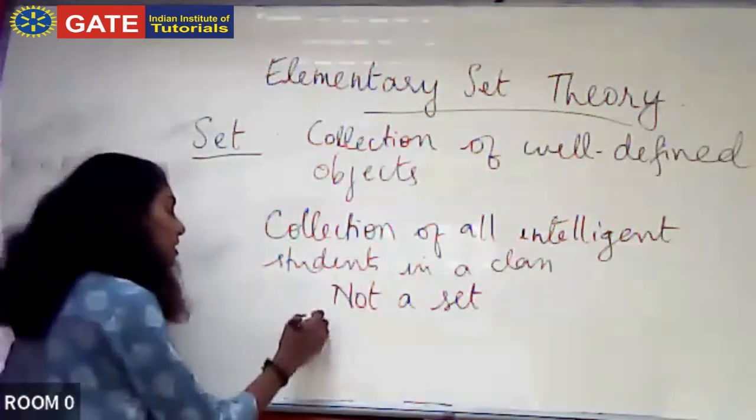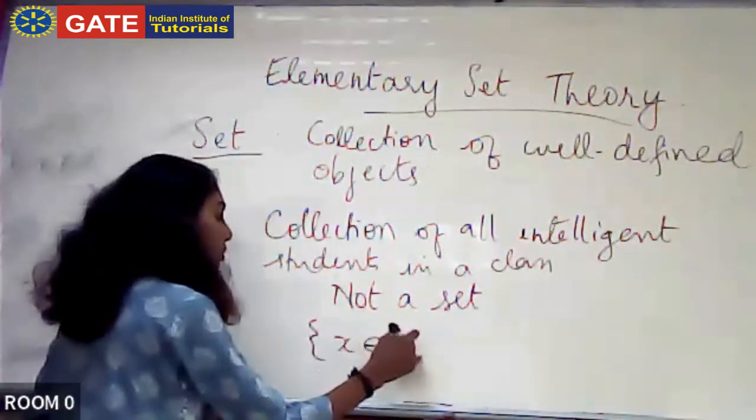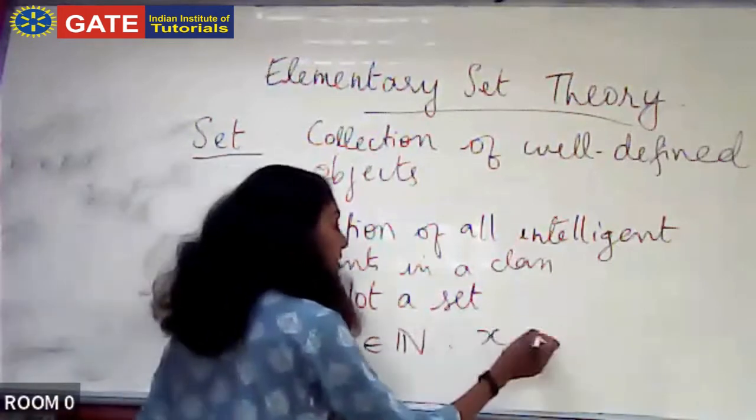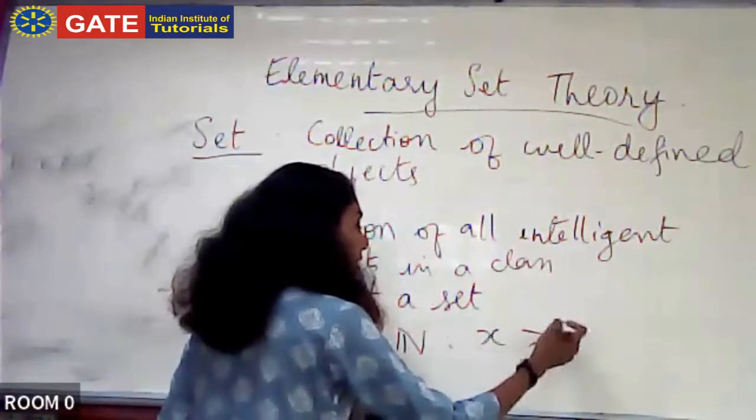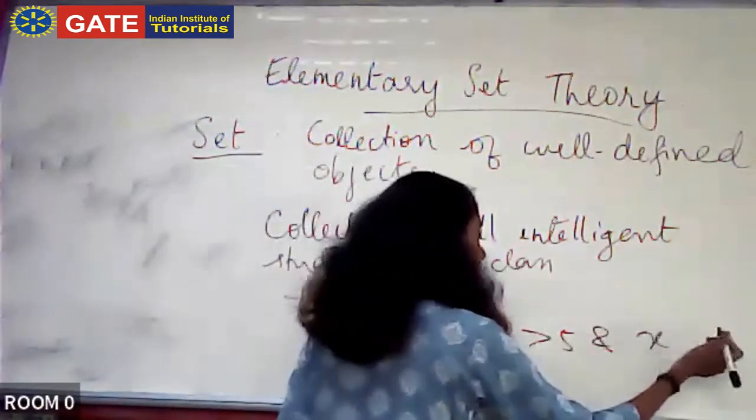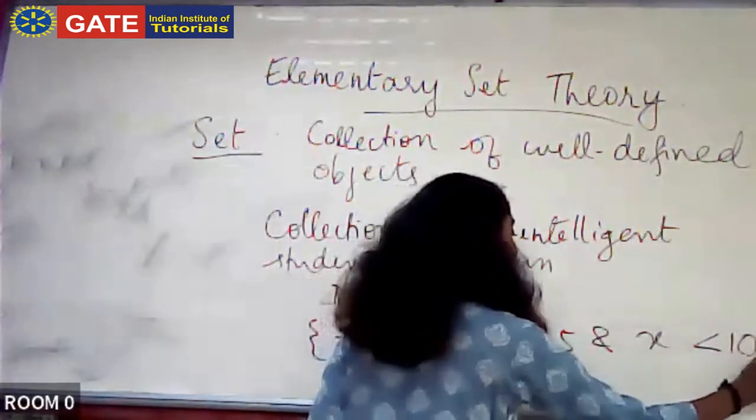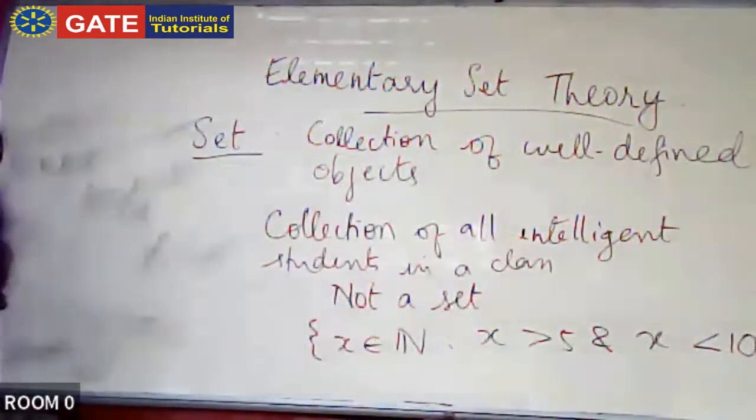If I say set of all x belongs to N such that x is greater than 5 and x is less than 10, then what will be the answer?